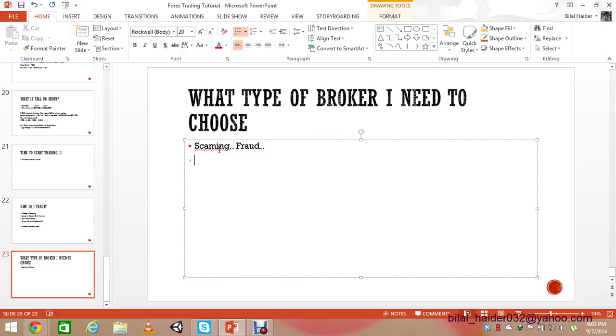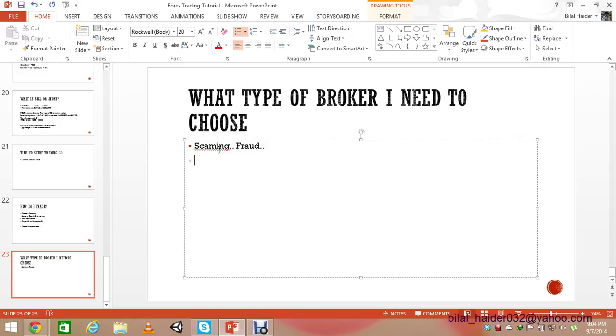The second point is, not every broker is a scam. Not every broker is a fraud, but there are people who are doing this, so you need to be very careful.